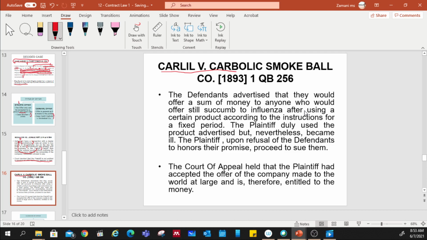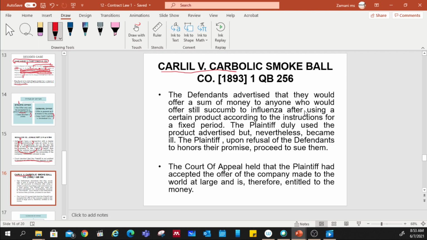This is the issue on the advertisement from Carbolic Smoke Ball, which is saying that if you use their smoke ball and you're still sick, then they're going to pay you some money.